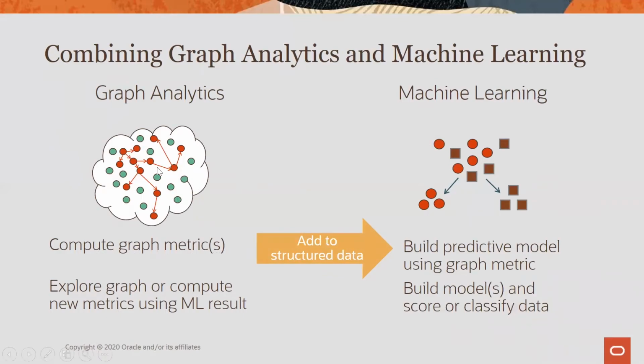If you have your graph and you compute some metric reflecting this closeness, or other metrics for that matter, but just to stick with the example of closeness to a starting set, we can build a predictive model on the basis of that graph metric, run the neural network, the convolutional neural network, or whatever you have already been looking at in previous parts of this course, and then use this model to score and classify data.